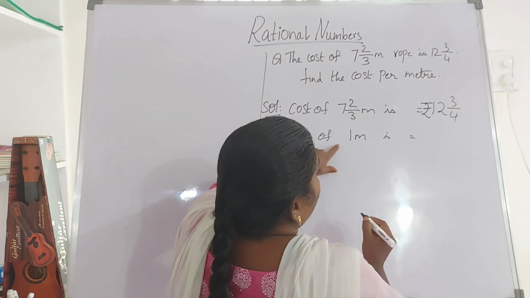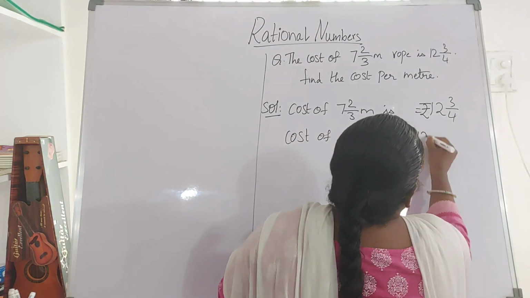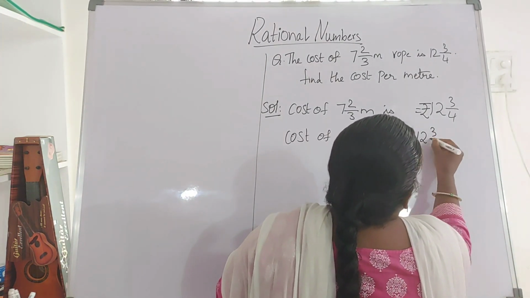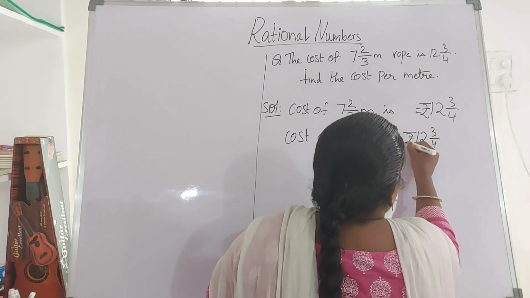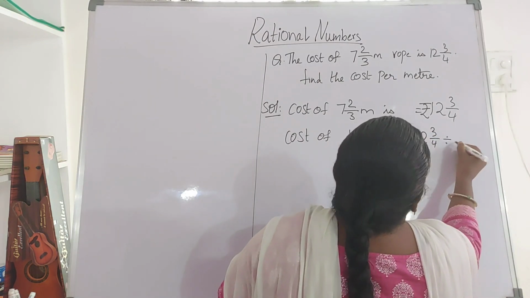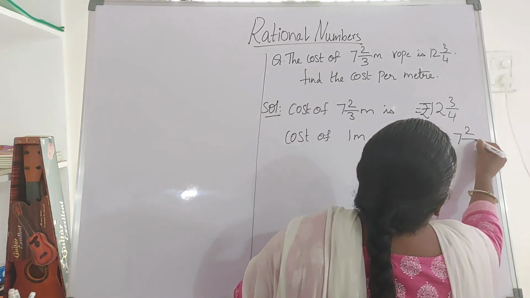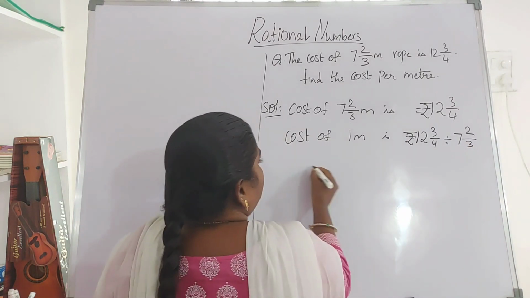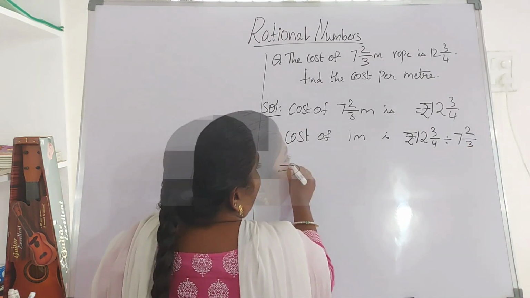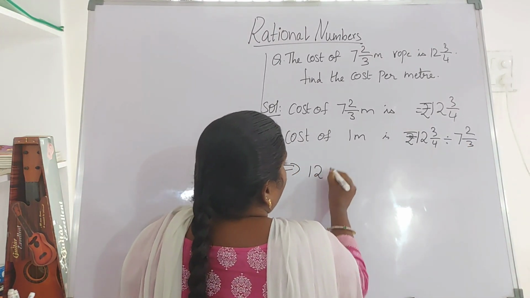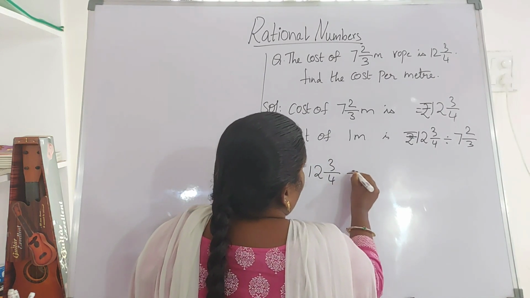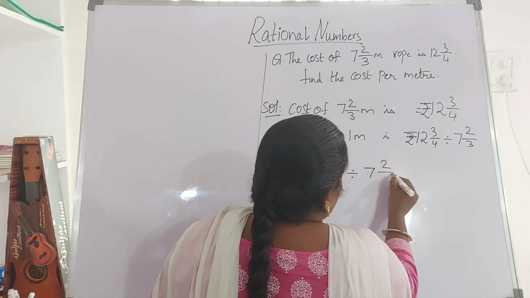So here the cost of 1 meter is 12 3 by 4 rupees divided by 7 2 by 3 meters. So now let me write this, 12 3 by 4 divided by 7 2 by 3.